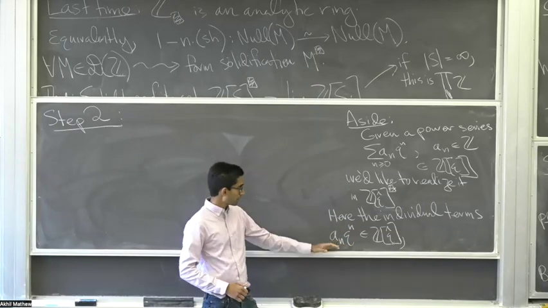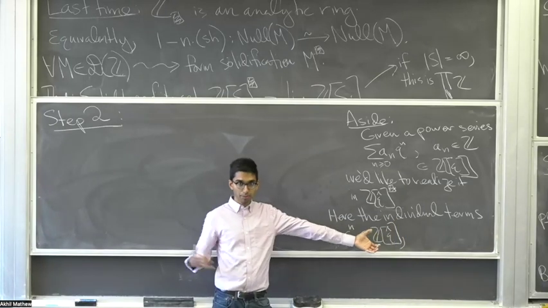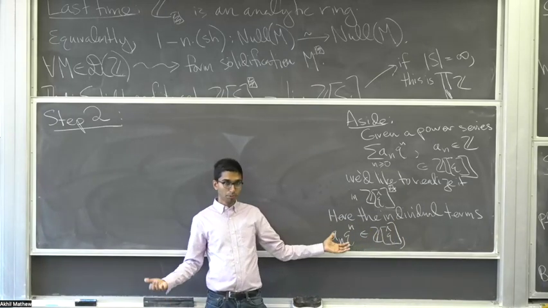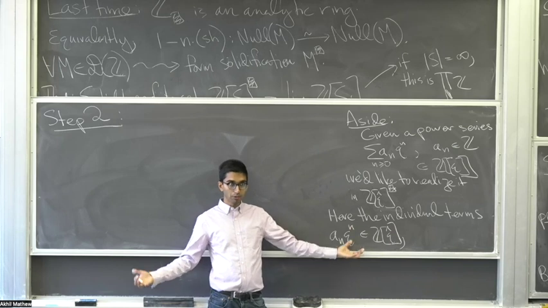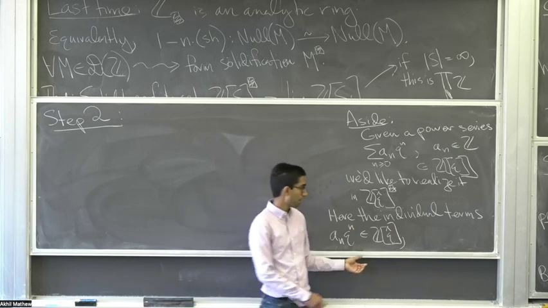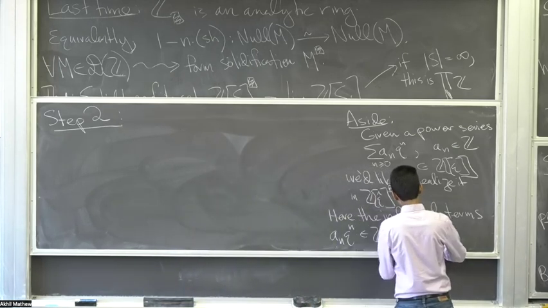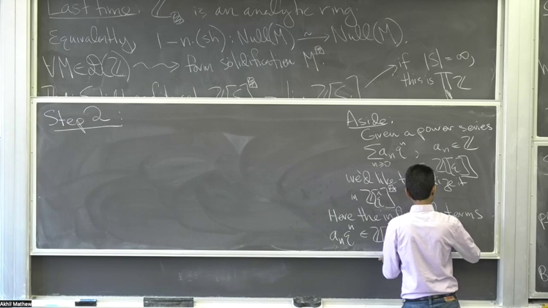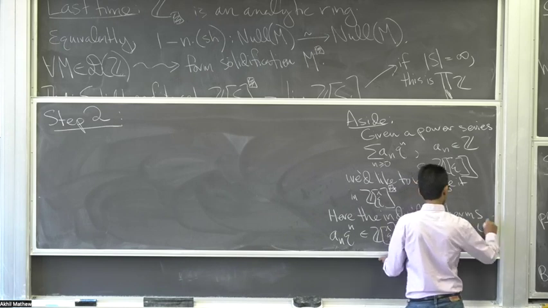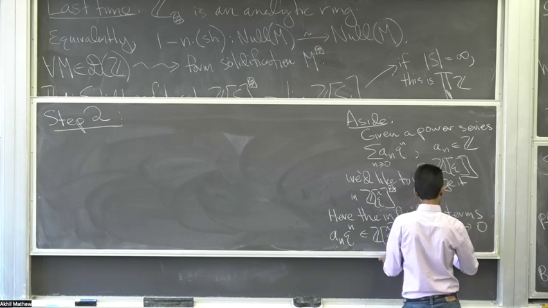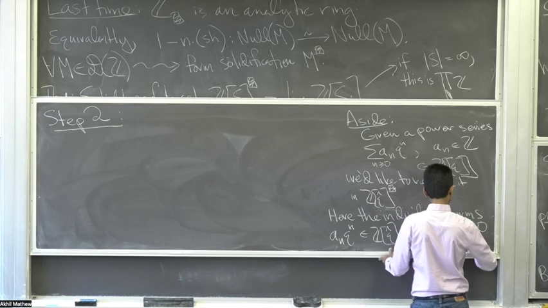So we'd like to say that we can sum them together in the solidification, but the problem is that they don't converge to 0 unless the a sub n's are uniformly bounded.